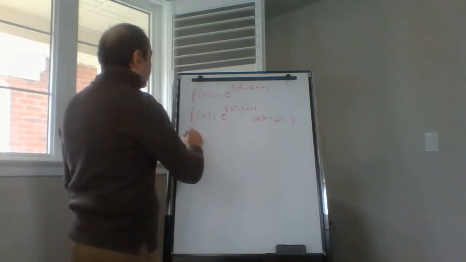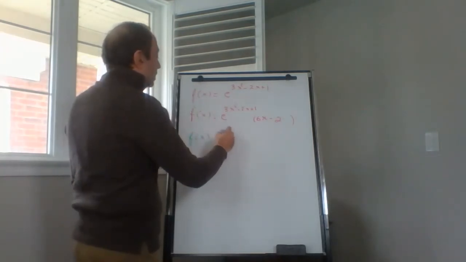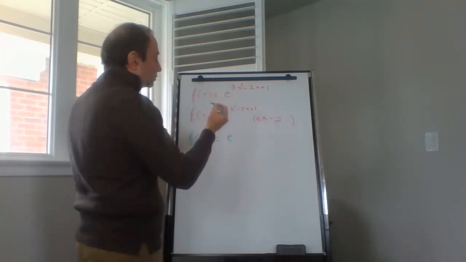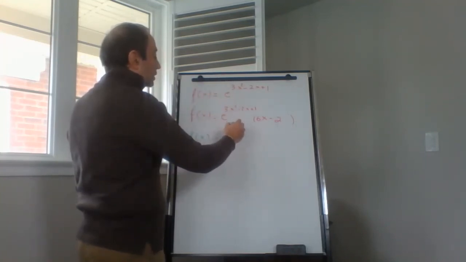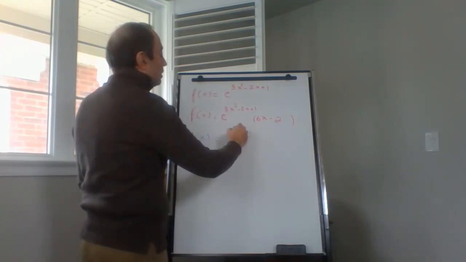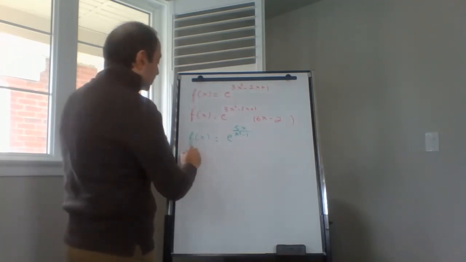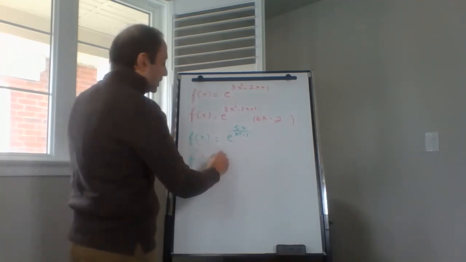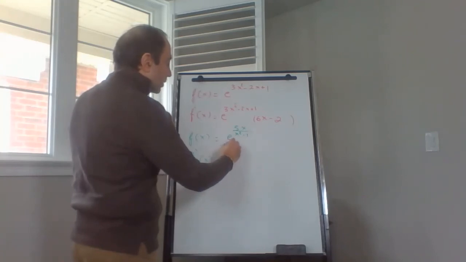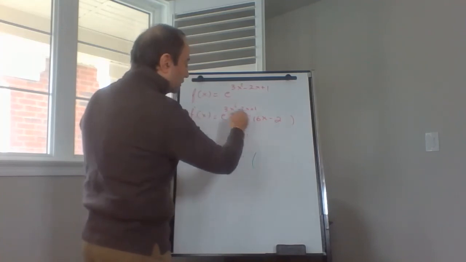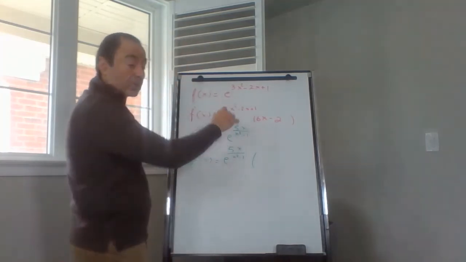Another example: let's say I have f of x equal to e to the power of, let's use a quotient or anything, 5x over x squared minus 1, something like that. So in here, f prime of x will be, I will write this as it is, e to the power of 5x over x squared minus 1, times the derivative of g of x, the exponent.